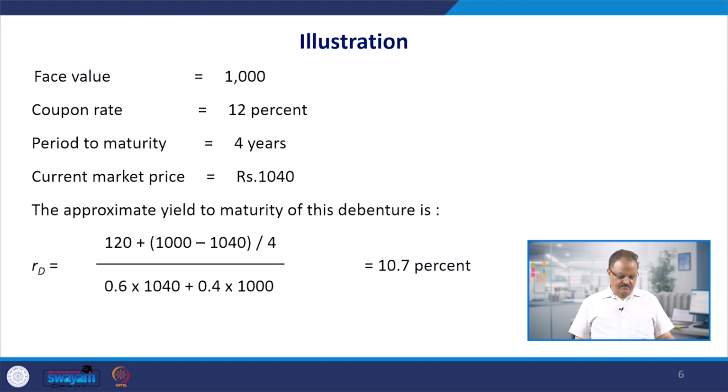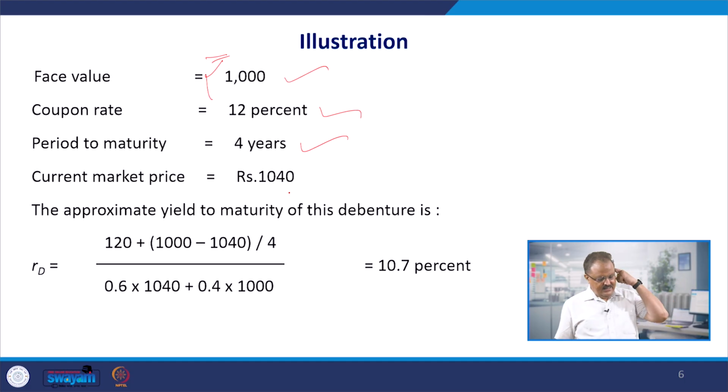You can use the trial and error method, or you can use the approximation method. To be quick or to have a better decision, the approximation method also gives you almost a comparable value. So for example, if you want to calculate the value in the real world, you can learn with the help of this example: the face value of the debenture or bond is 1000 rupees, the coupon rate is 12%, the period of maturity is 4 years, and finally the current market price at which it is selling in the market is 1040 rupees.